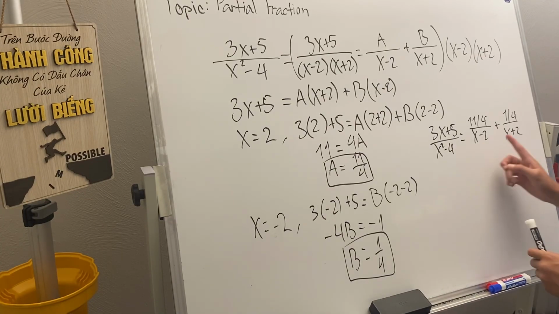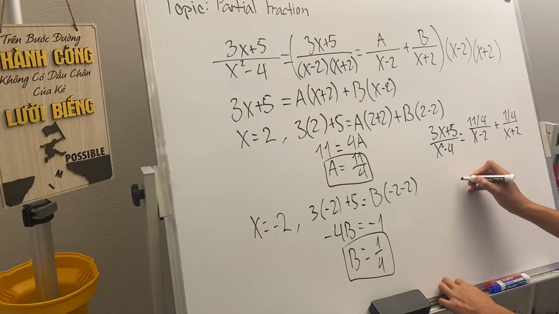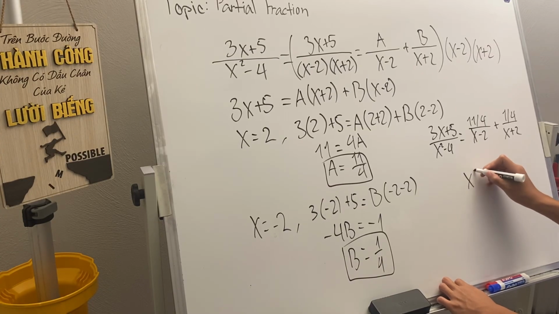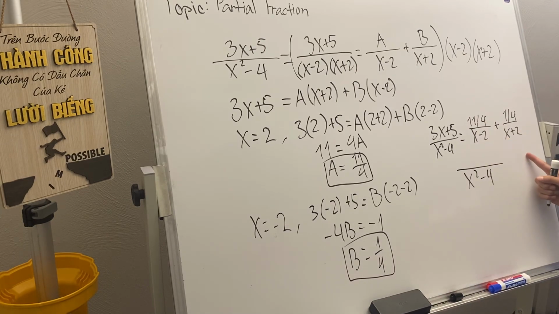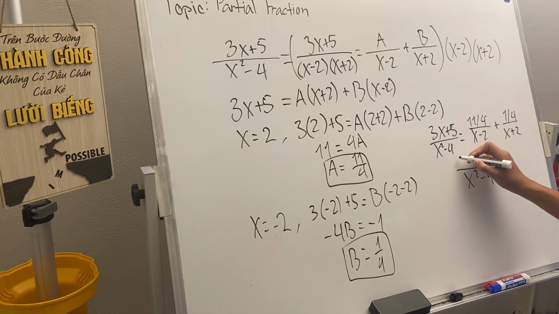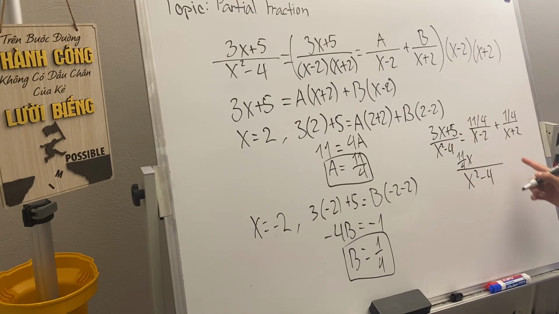Common denominator, so you will get x² - 4 like this. On top, this multiplied by this, it's going to be 1/4 times x. This times 2, which is 11/2.